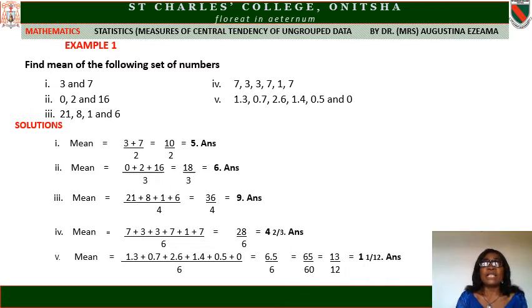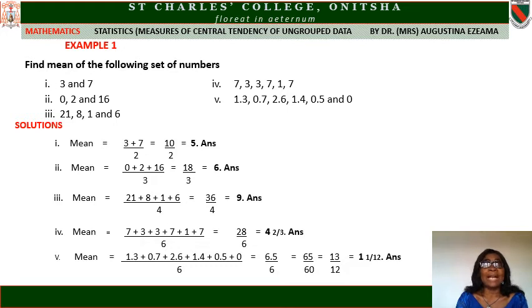I will call the questions, then we go over to the solutions. 1: 3 and 7. 2: 0, 2, and 16. 3: 21, 8, 1 and 6. 4: 7, 3, 3, 7, 1 and 7. 5: 1.3, 0, 0.7, 2.6, 1.4, 0.5, and 0.